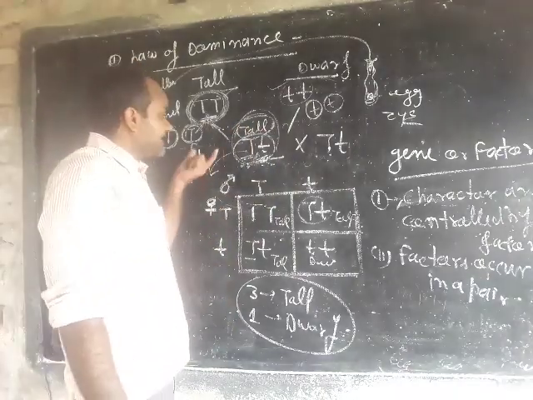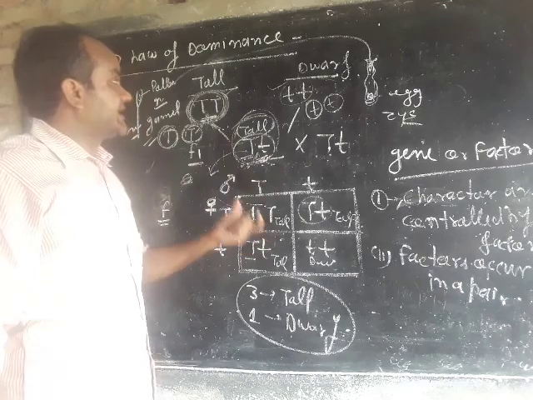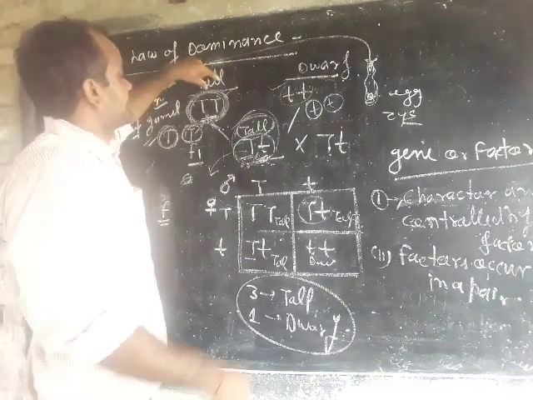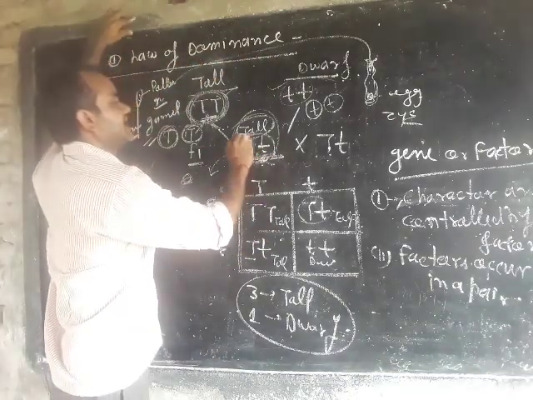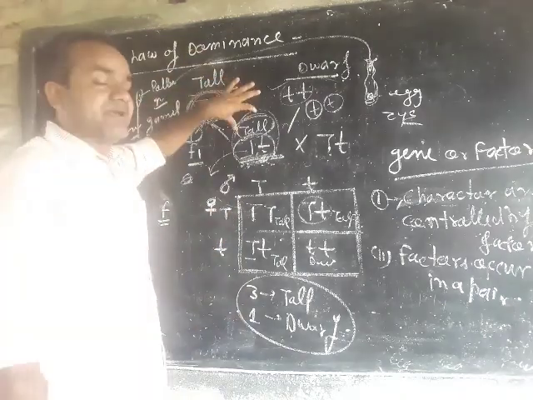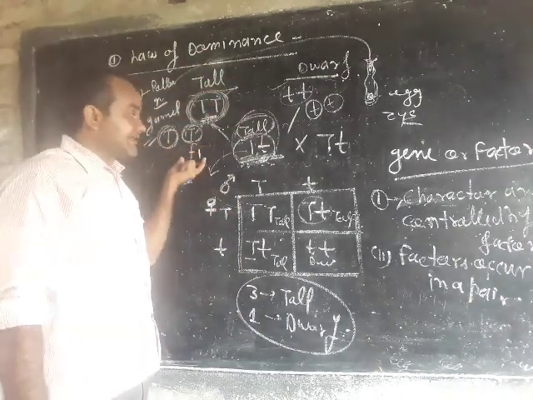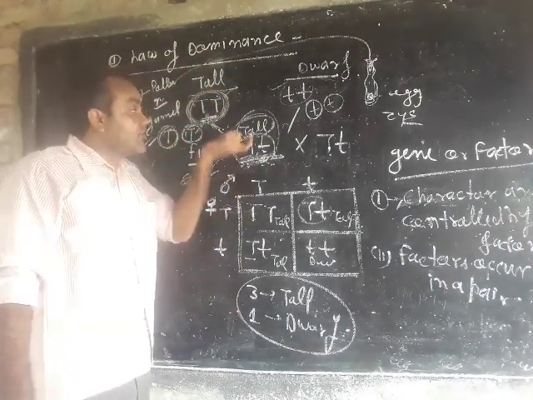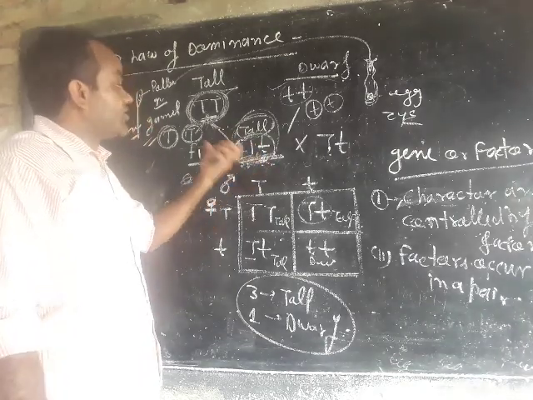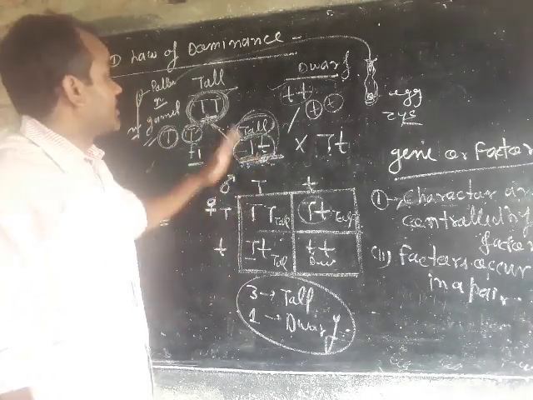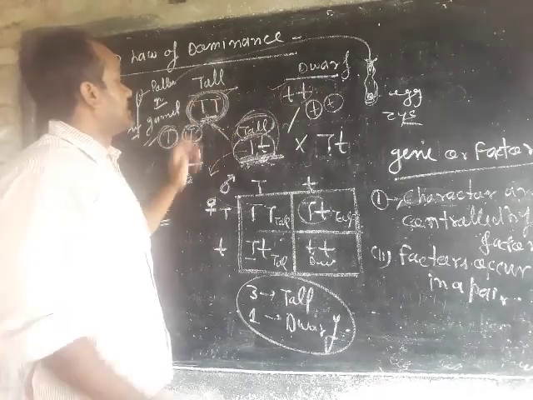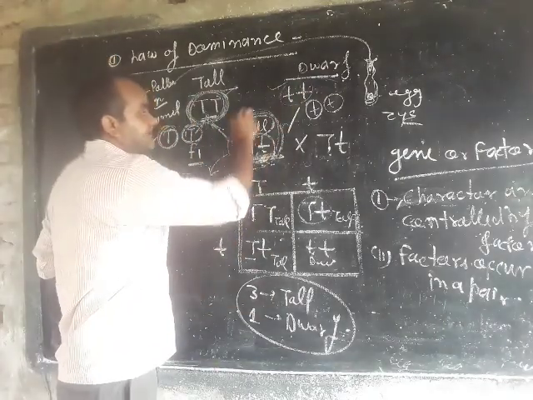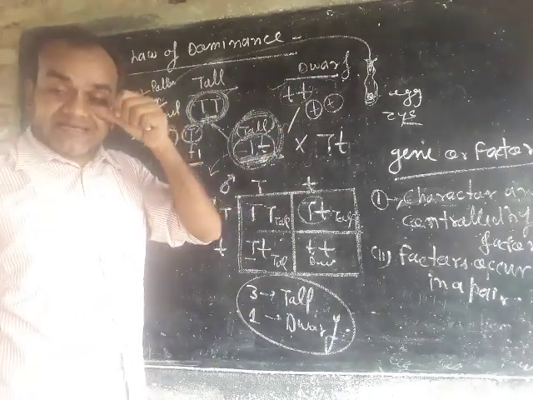We get in the F1 generation one character of the parents, and that character is known as the dominant character. We get one trait of those parents, and this is known as the dominant character.